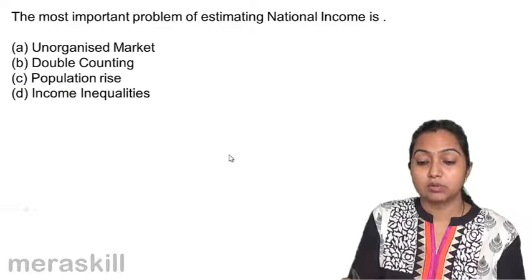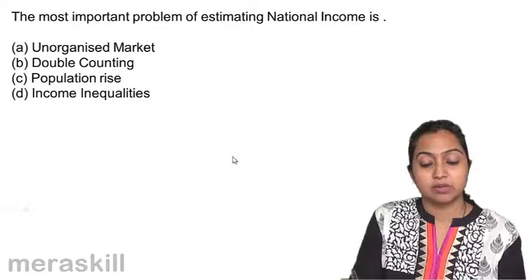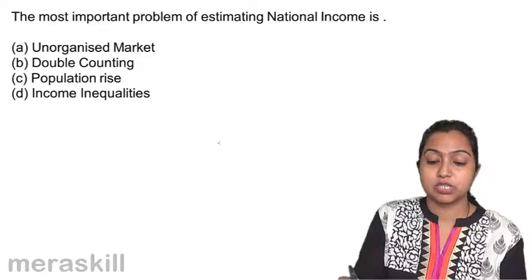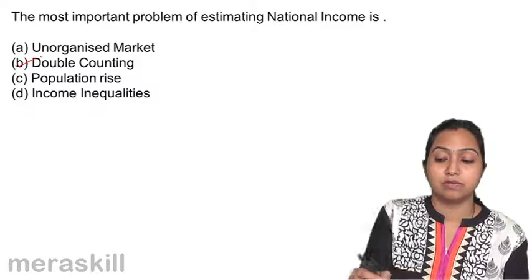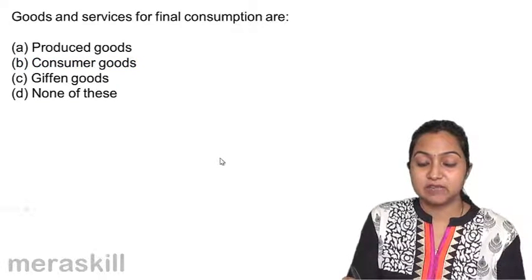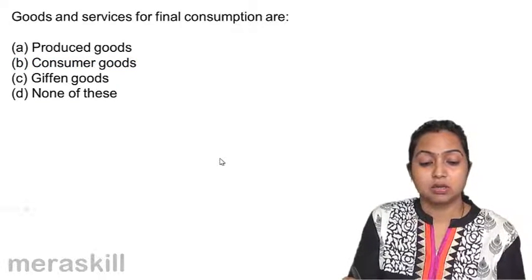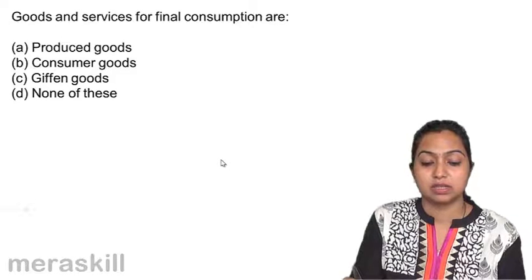The most important problem of estimating national income: unorganized market, double counting, population rise, or income inequalities? Double counting is the most important problem of national income. Goods and services for final consumption are producer goods, consumer goods, Giffen goods, or none of these?